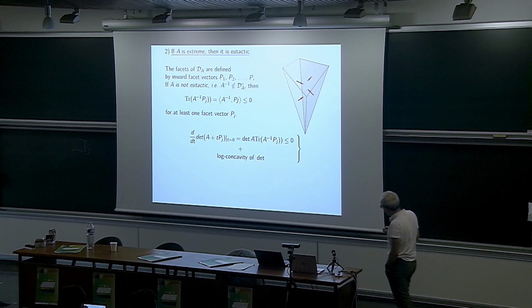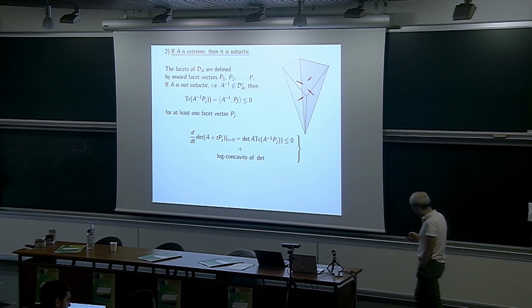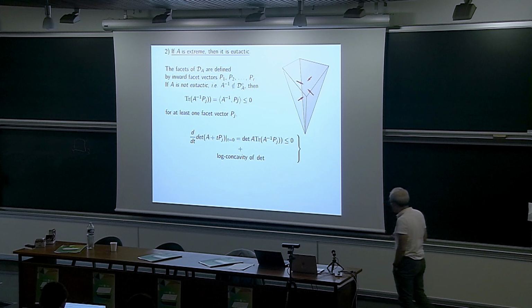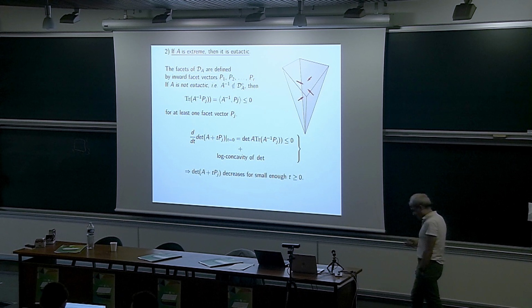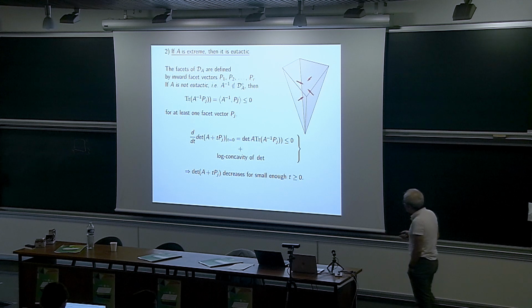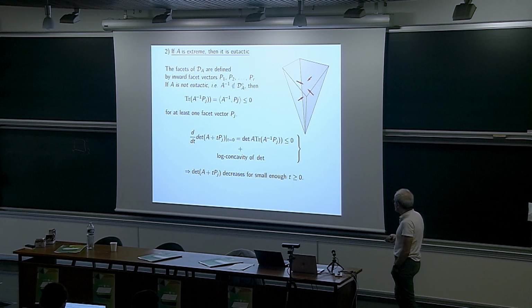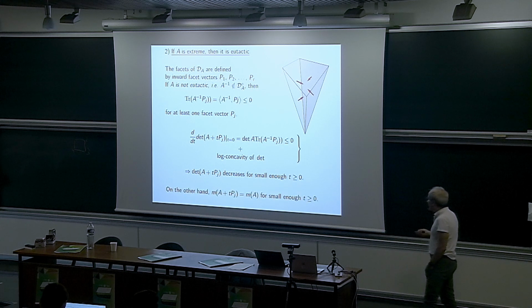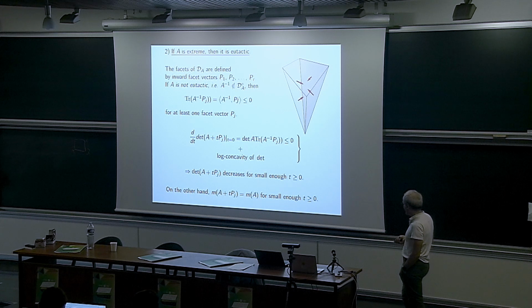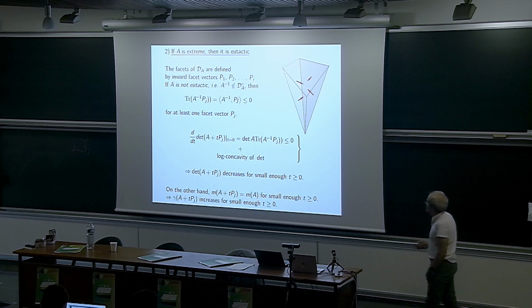And again, if you combine that with the log concavity of the determinant for the same reason as before, this would imply that the determinant decreases for small enough positive t, and so the density has to increase because the minimum remains the same.